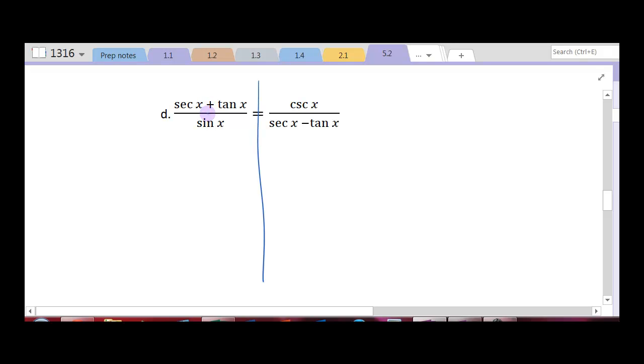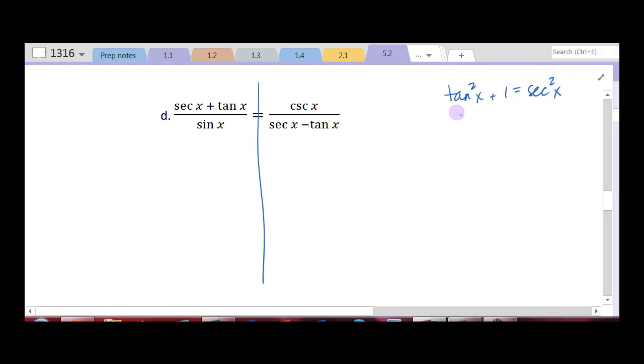When I'm looking at this, I need to think, how can I do this? I have two terms in the denominator, both secant and tangent. Those are related through the Pythagorean identity. Remember, the Pythagorean identity says tan squared x in this case, plus 1 is equal to secant squared x.